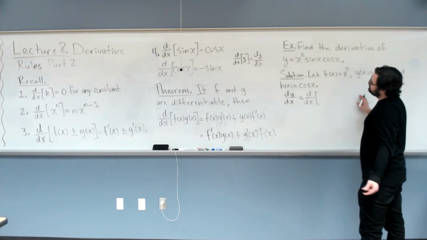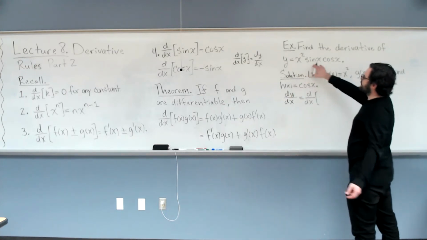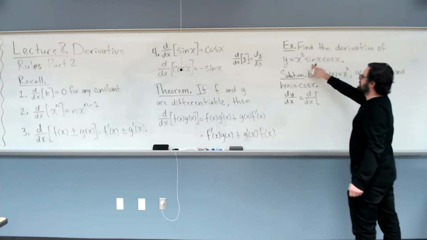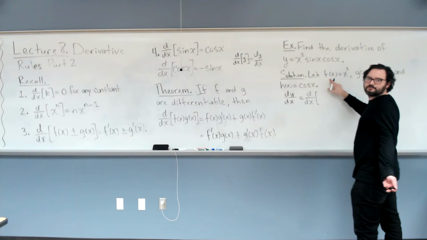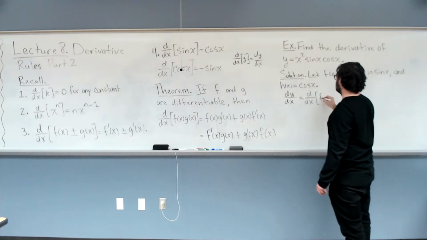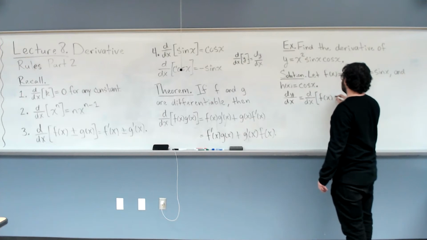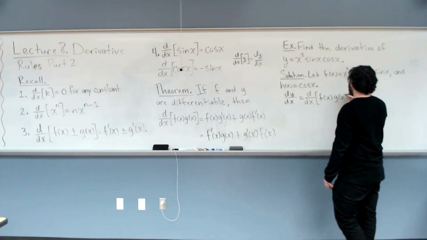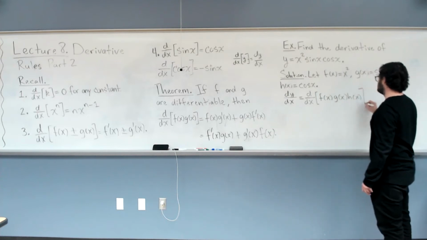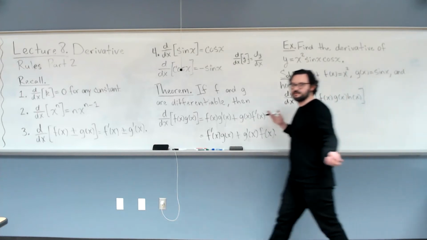But instead of writing out all of that business, I know what the pieces are. I wrote them a different way. So I can write this as f of x times g of x times h of x. It's the same thing, right?